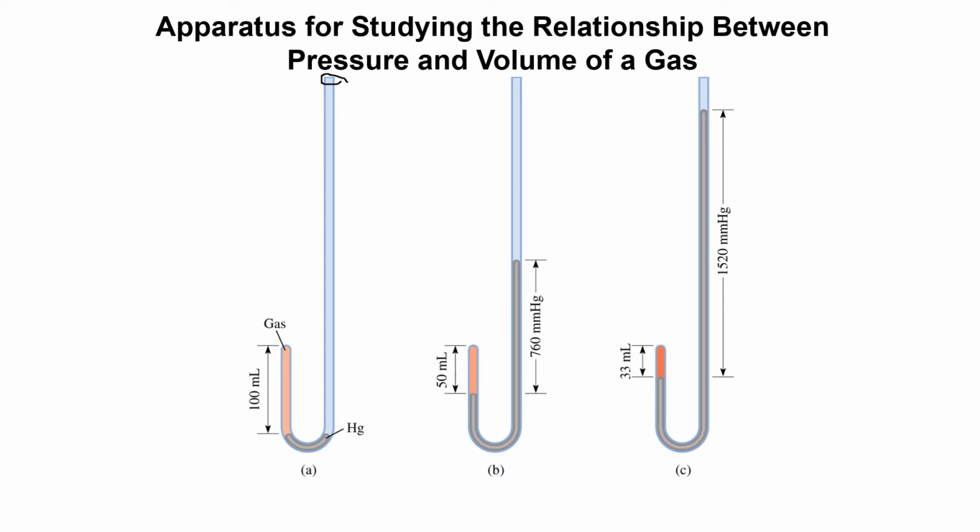However, when we increase that amount of mercury to 760 millimeters, we decrease our volume to 50 milliliters. And if we increase that pressure from the mercury column further, we further decrease that volume of gas. So as pressure increases, volume decreases.